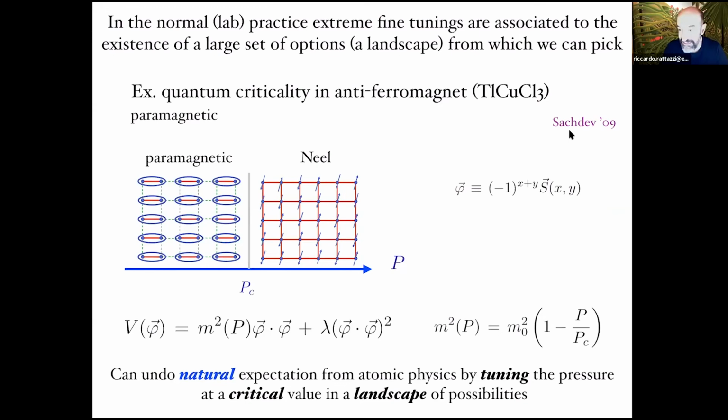When there is cancellation, there is a landscape. We will see later when we talk about the Higgs, we don't know, but in the examples we see, the absence of a landscape would suggest that cancellation seems very unlikely.